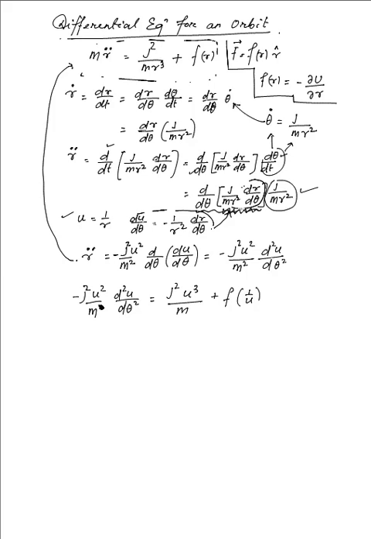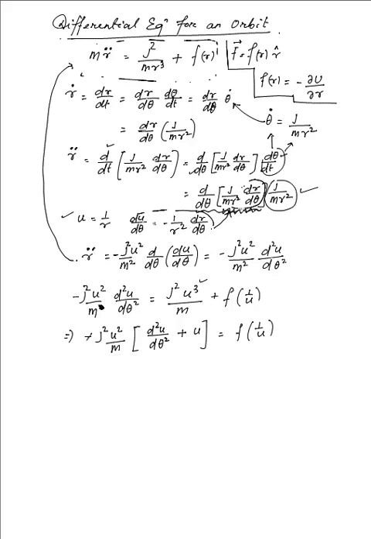And well, I bring this thing to the j square terms to take them as common. I take the minus as the common term, j square is common, u square is common, m is common, and so what lies in the bracket is d square u divided by d theta squared, and also I have a u left out from this term over here that was going on to the other side, and on the other side of the equation we have f of 1 by u.